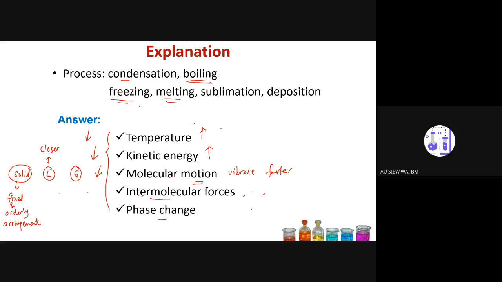So katakan kalau freezing that's mean from the liquid change to solid, isn't it? Betul tak? This one yang freezing. So kita boleh kata temperature lower, kinetic energy lower, particle vibrate slower when the intermolecular forces are strong enough to hold the particle in a fixed and orderly arrangement, liquid change to solid.